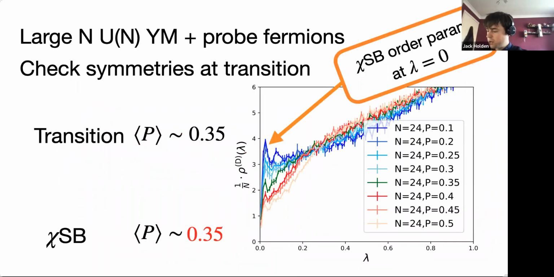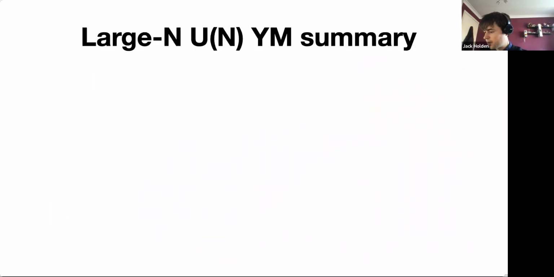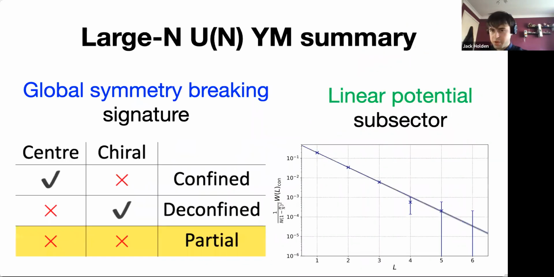And then we check for an order parameter for chiral symmetry breaking, which is known from random matrix theory: this corresponds to the density of eigenvalues of the Dirac operator valued at 0. And so this is the summary for this large N U(N) model that we've looked at. We have the global symmetry breaking and the linear potential in the confined subsector.